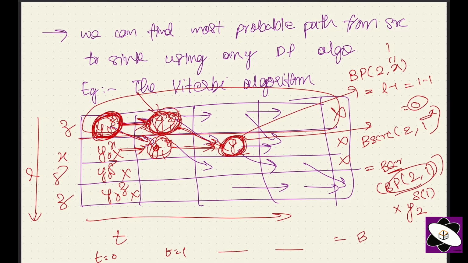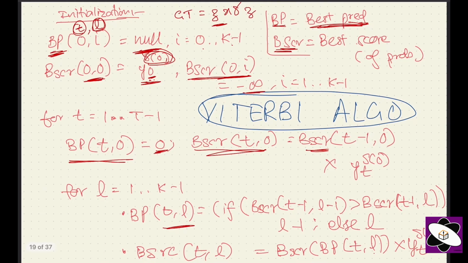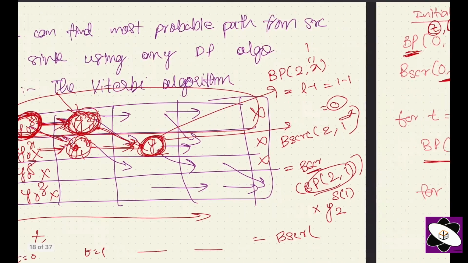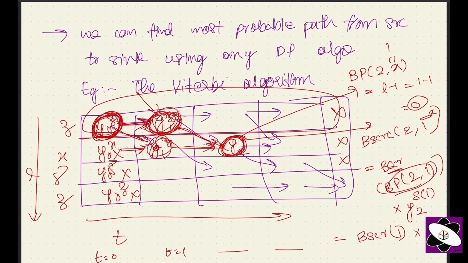So b score of, it's actually t, b score of 1 into y2 of s of l, and what we need to find, t is the same, so it's actually t comma this one. So t is how much, 2 comma this, 2 comma 1.